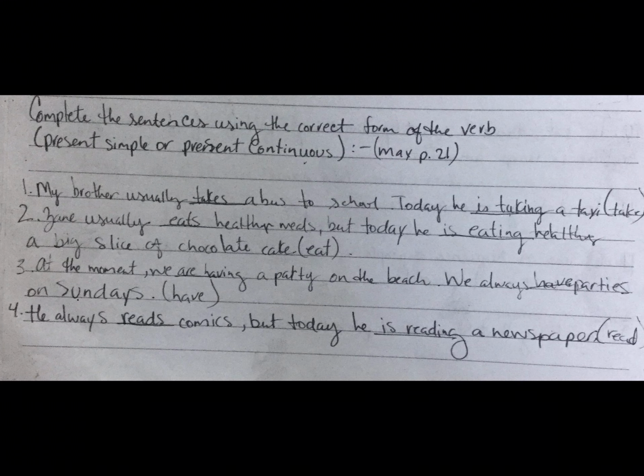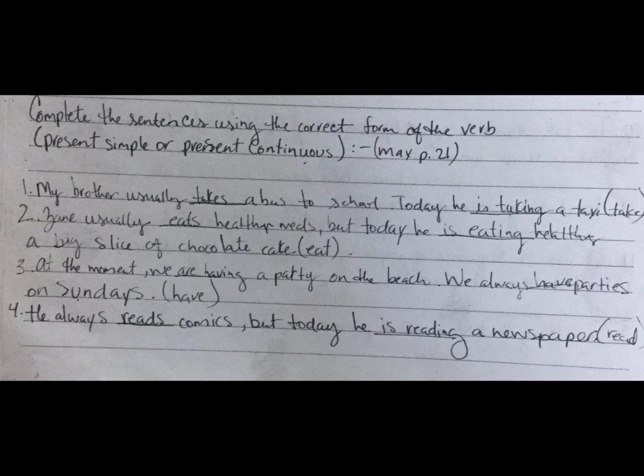And here we have complete the sentences using the correct form of the verb, using present simple and present continuous. Here we have a word in brackets, and you must decide whether it's present simple or present continuous by adding an S or by adding an ing.